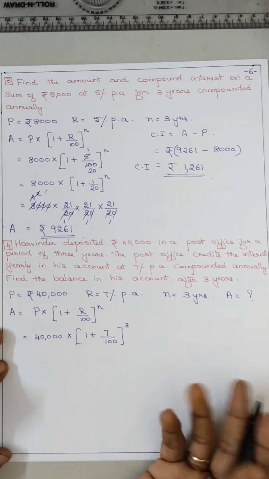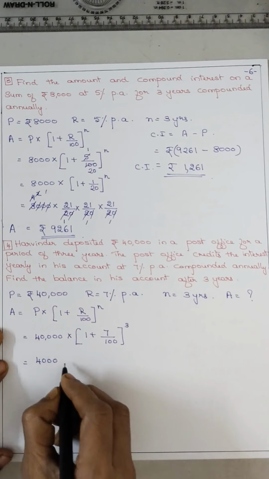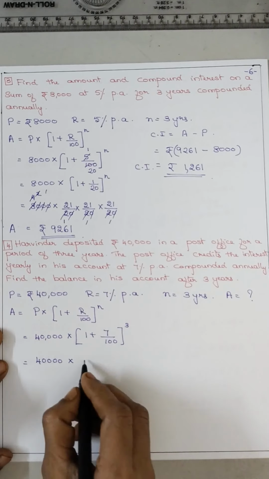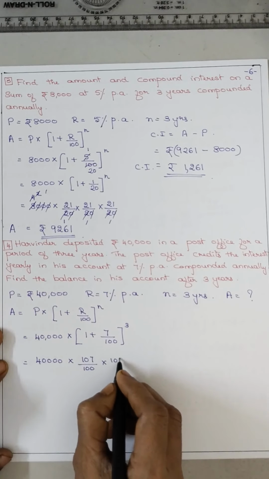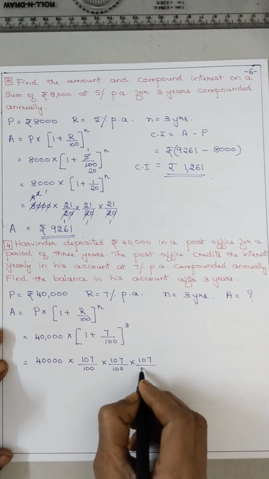Now 7 and 100 cannot be cancelled. So 40,000 into 1 means 100 plus 7, 107 by 100, 107 by 100, 107 by 100.